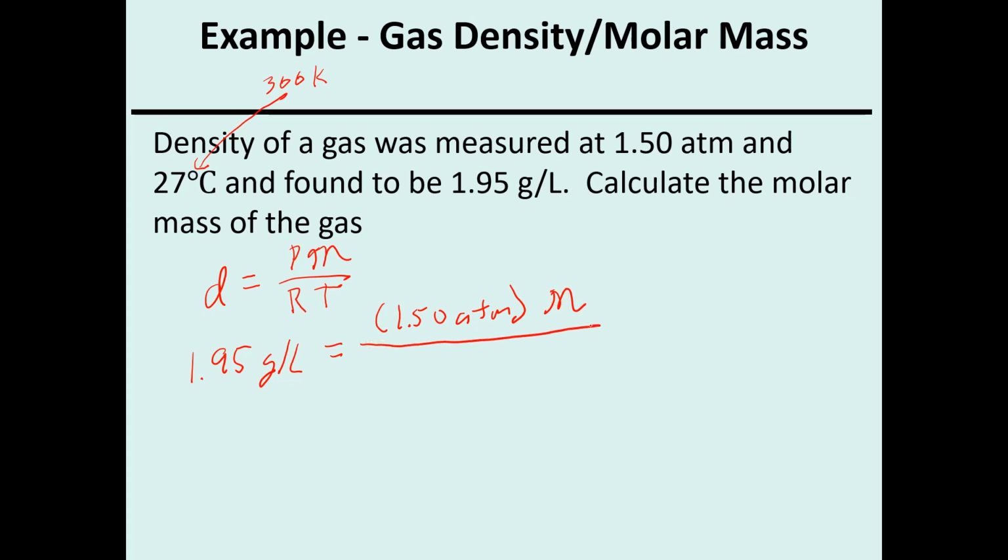We want to calculate the molar mass. The gas constant is still the same gas constant that we've been using, in liters atm per Kelvin mole. And our temperature is 300 Kelvin.